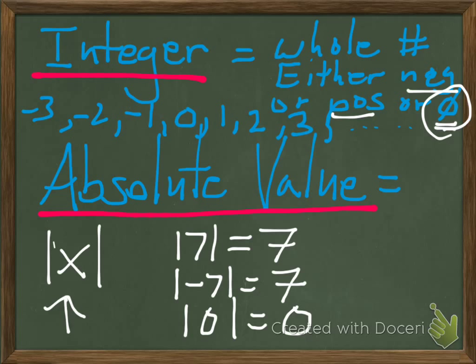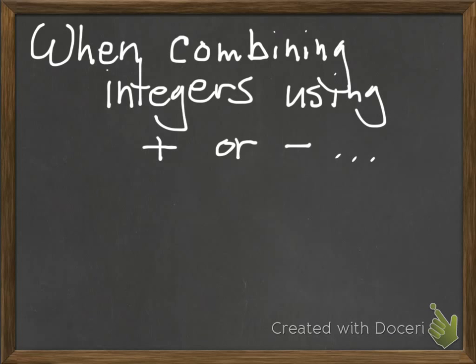All right, so where we really start to get into trouble, and there was a reason that your book split this topic up into 3 separate lessons, is that people really have trouble dealing with positive and negative numbers. Now, we're going to talk about multiplying and dividing them a little bit later. That'll be another video. But today, let's talk about combining integers when we're adding or subtracting.